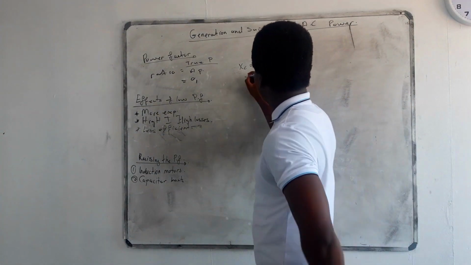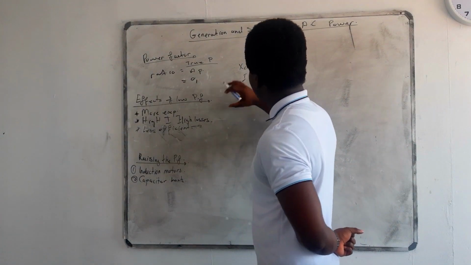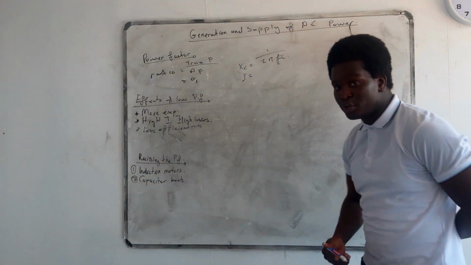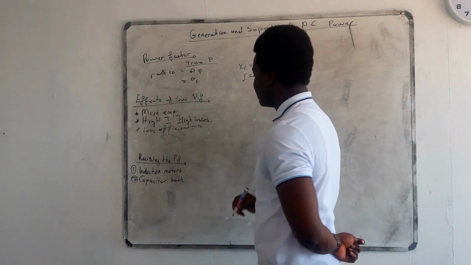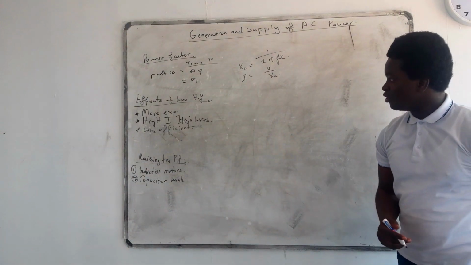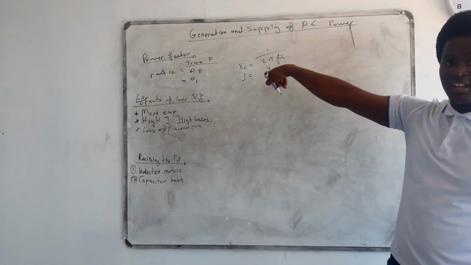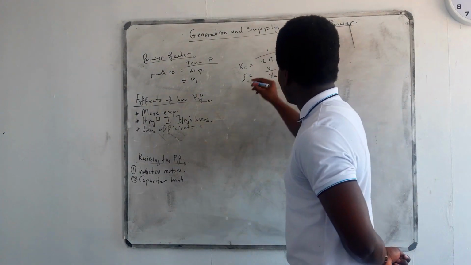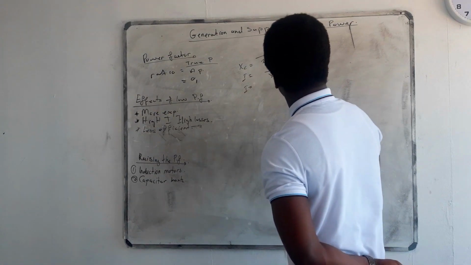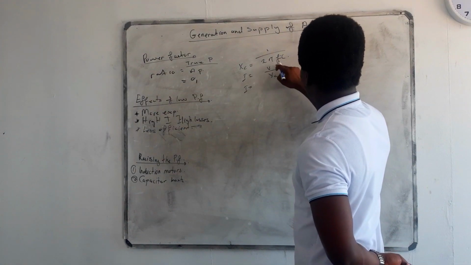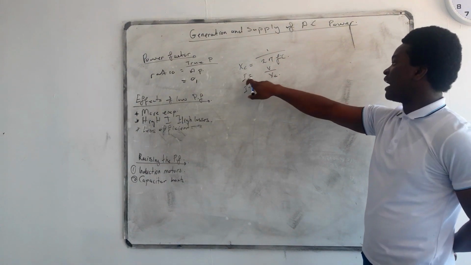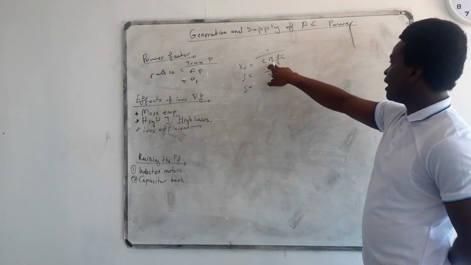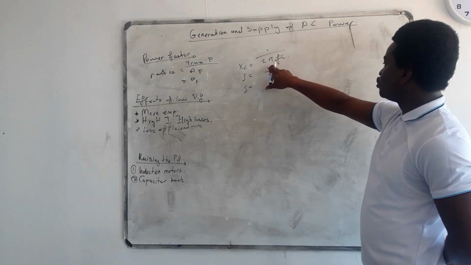Now, the current flowing through a capacitor is voltage divided by XC. Using this, you can say the current I is equal to V over XC, and since XC is 1 over 2 pi FC, I is equal to V multiplied by 2 pi FC.